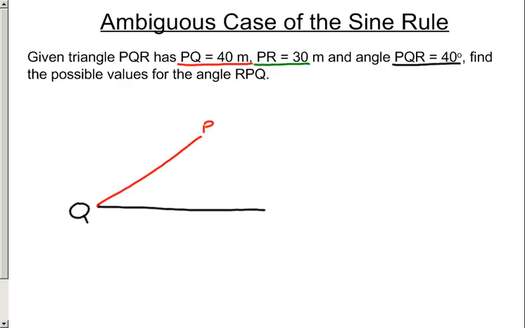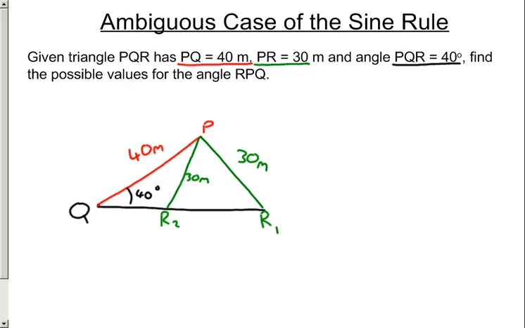So we're going to have P up here, and that one's 40 meters. And then PR, well, this is the one that comes down here. It could be that we go down to R1, and that one's 30 meters, or it could be that we come down here, that one's 30 meters, and it goes to what we'll call R2. And we know that the angle at Q is 40 degrees.